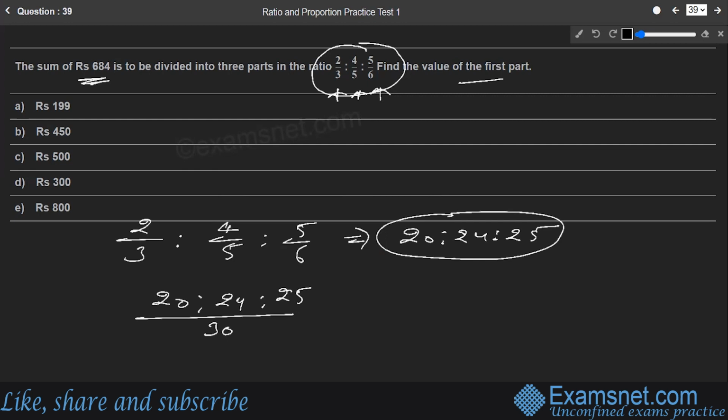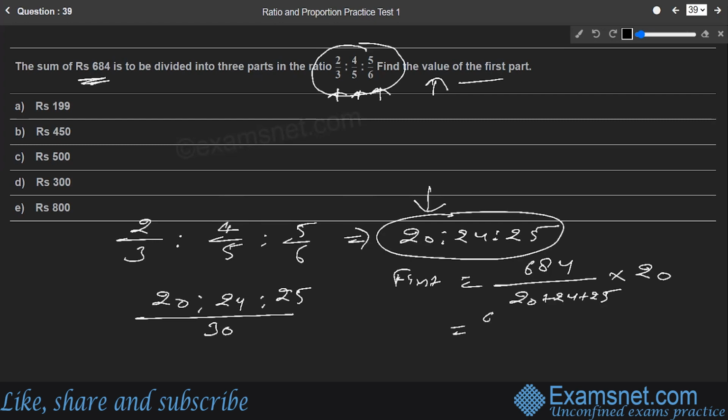Now they're asking to find the value of the first part. The first part, corresponding to 20, can be found by the total number divided by the sum of all the ratio terms, that is 20 plus 24 plus 25, multiplied by the first part, which is 20.